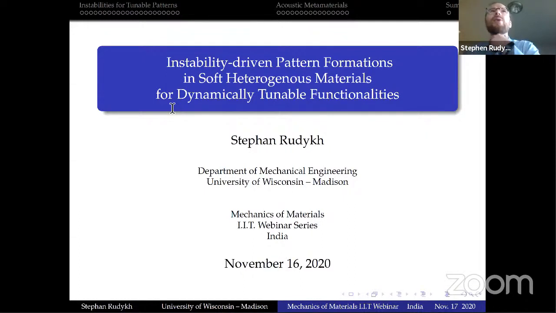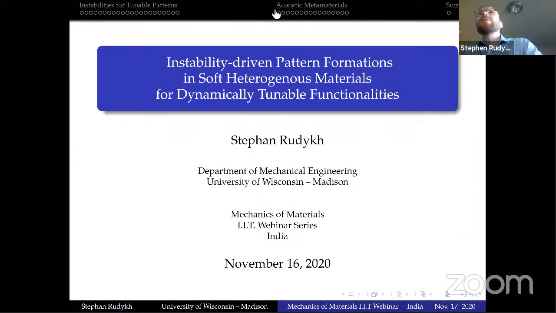Basically, the talk is divided into two parts. In the first part, I will review some of the patterns that we can obtain by using this elastic instability phenomenon. And then we'll dig a little more into the ways these patterns can be used to manipulate elastic waves.